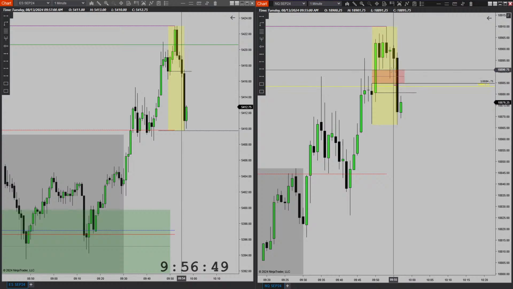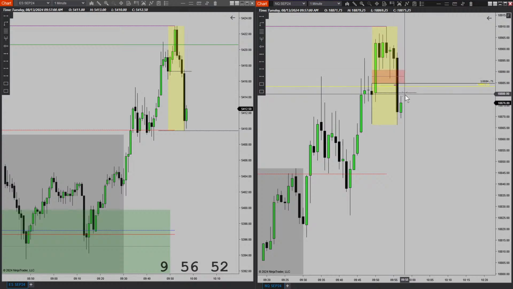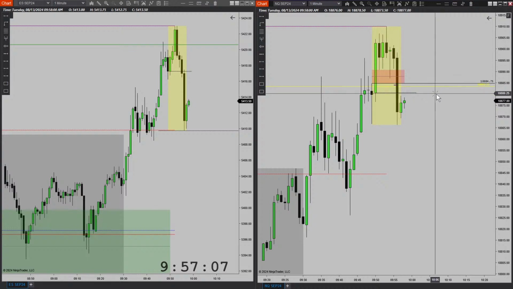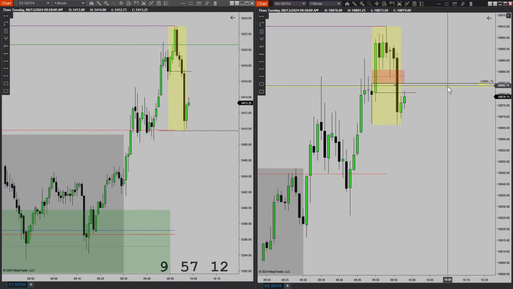If price draws this gap here, then I am looking to enter here on a quick retracement. If it remains open, okay, right there. So let's go ahead. Just a little more. There we go. Okay.